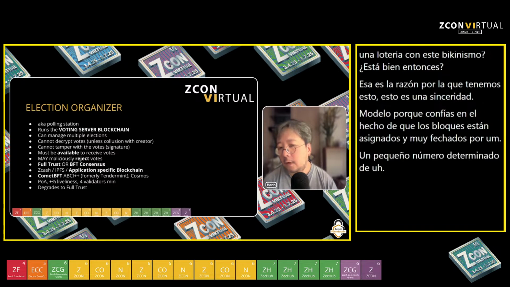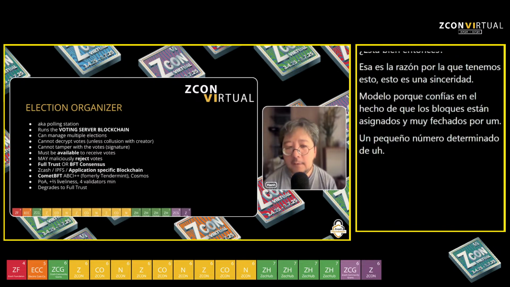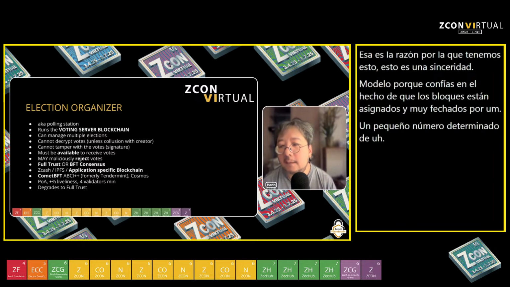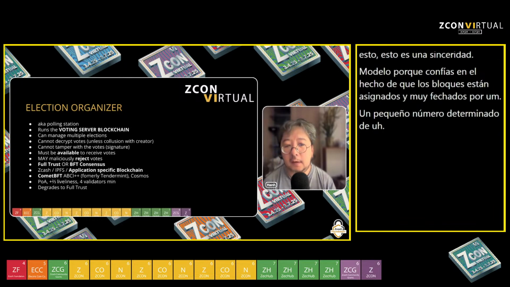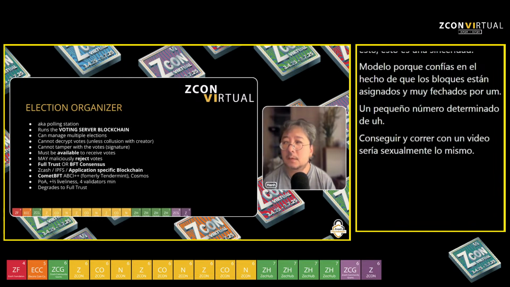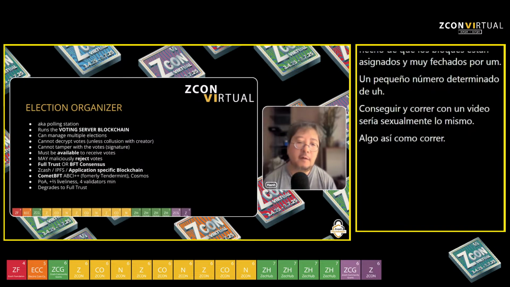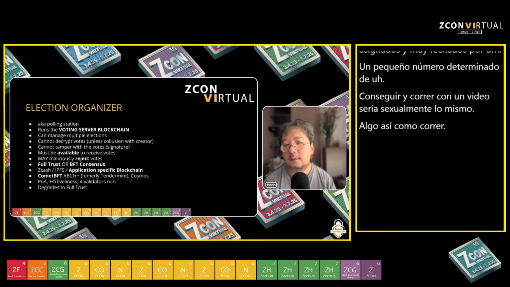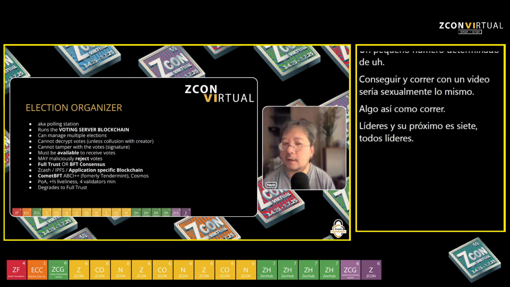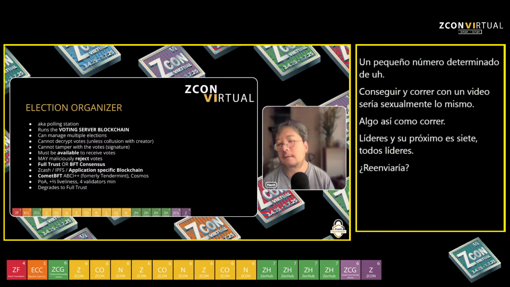You can run with one validator, but that would be essentially the same thing as running in full trust, so it's just the overhead of having a blockchain for absolutely no reason. The next step would be 4 validators, and then the next one is 7 validators. With 4 validators, you can have one dishonest one. With 7 validators, you can have 2 dishonest ones, and so on and so forth. Every time you have to add 3.